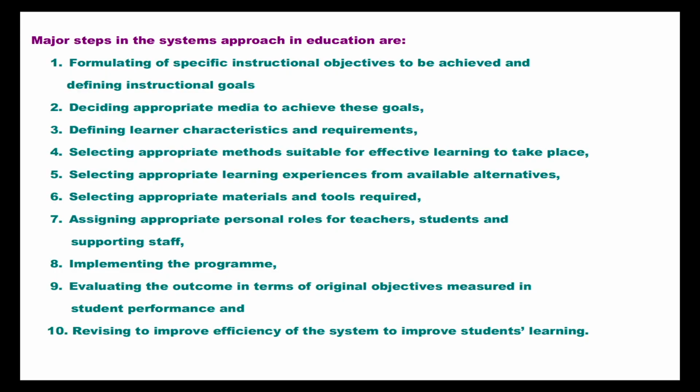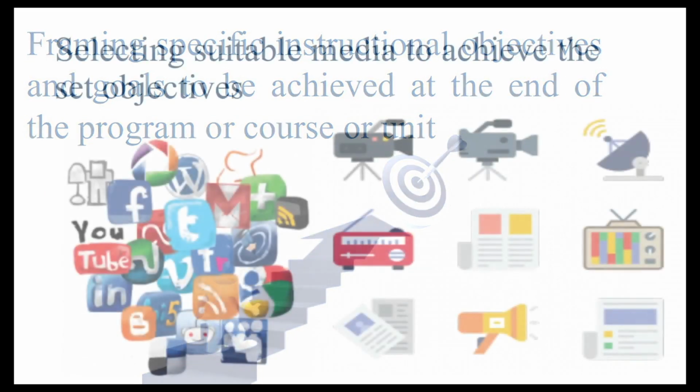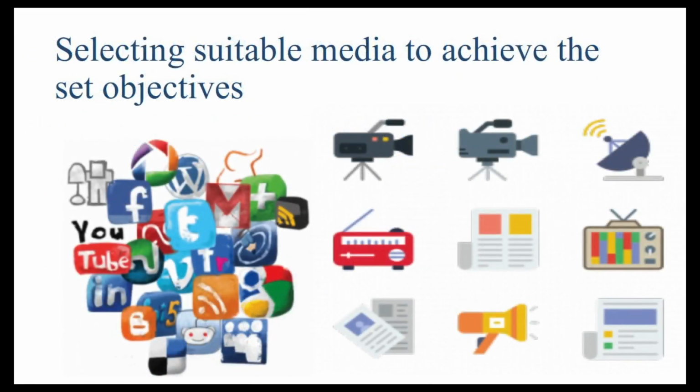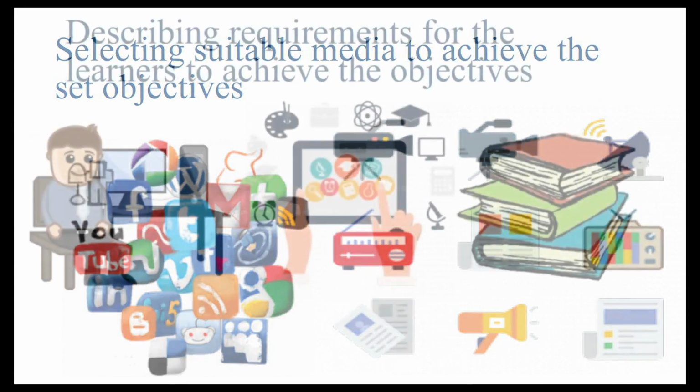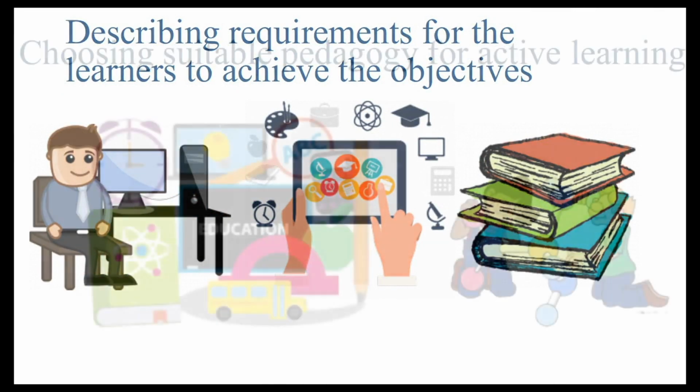The major steps in the systems approach in education are: Number 1, formulation of specific instructional objectives to be achieved and defining instructional goals. Number 2, deciding appropriate media to achieve these goals. Number 3, defining learners' characteristics and requirements.